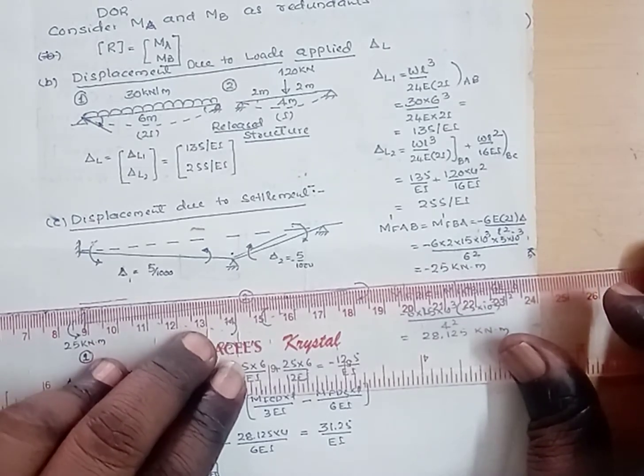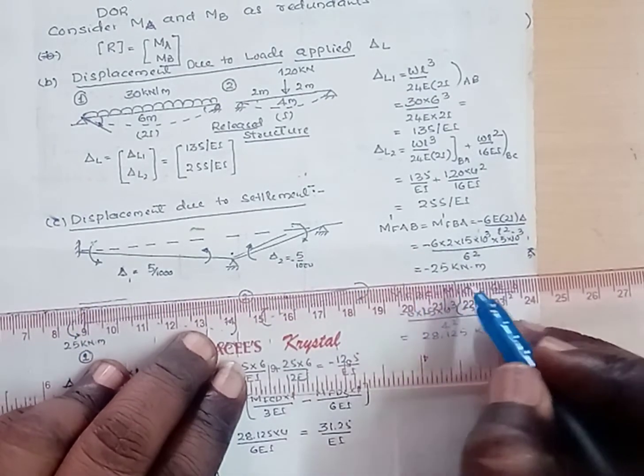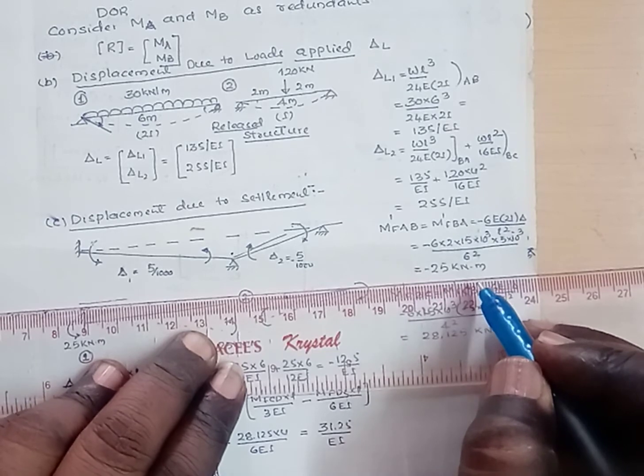Here the fixed end moment due to the settlement in span AB or BA equals minus 25 kilonewton meter.